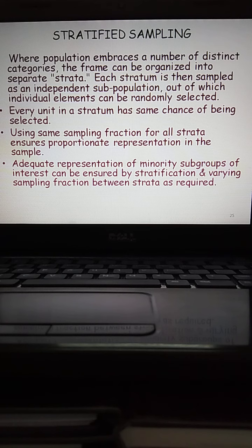The stratified random sampling method. All the population units will be converted into small homogeneous subgroups. You call them strata, and the collection of strata is the population. From the strata, by using SRS, you are going to pick the sample. Understand?